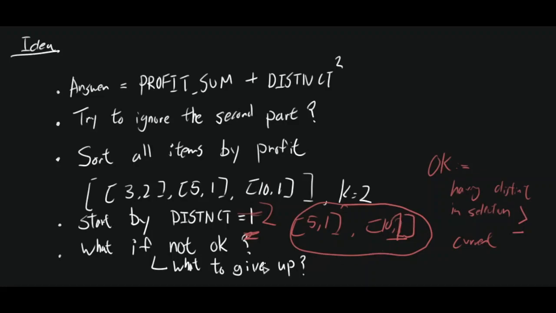That's why we have to give up something. It means that we have to delete some old element in our selection and add some new element and make the distinct count increase. But the question is what to give up in the selection that we have picked.